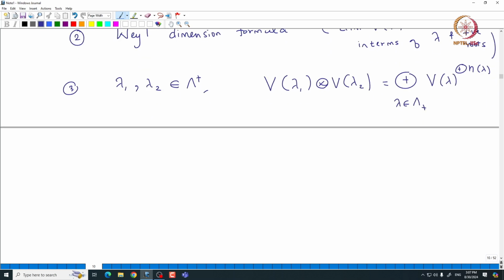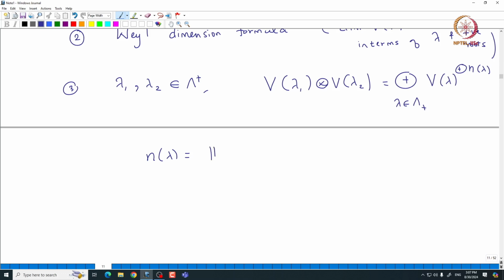This n of lambda is called the Littlewood Richardson coefficient, or sometimes the multiplicity of V lambda inside the tensor product V lambda 1 tensor V lambda 2.